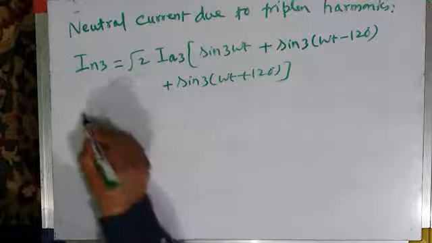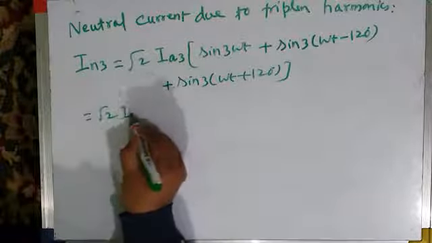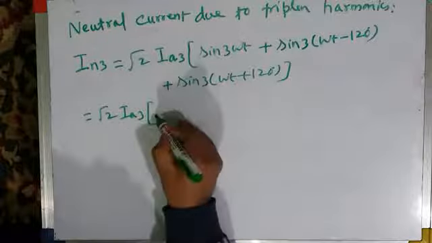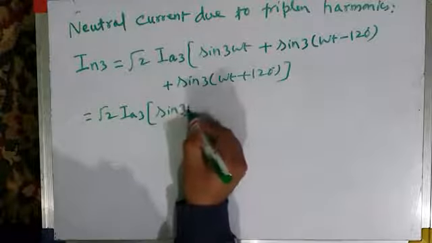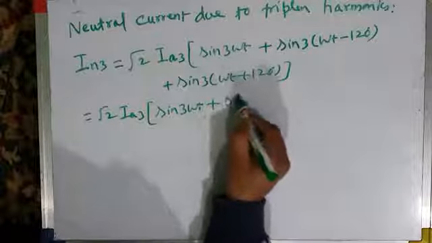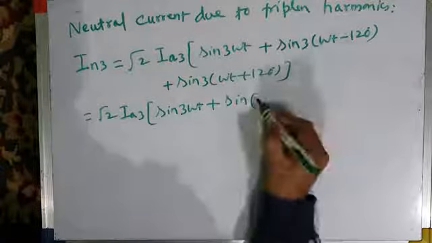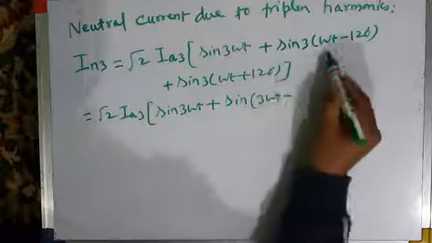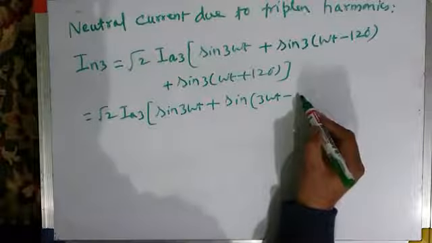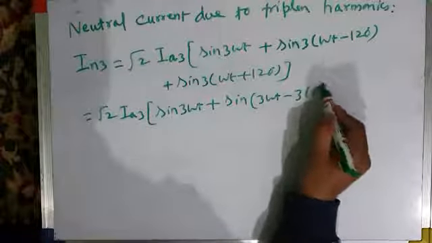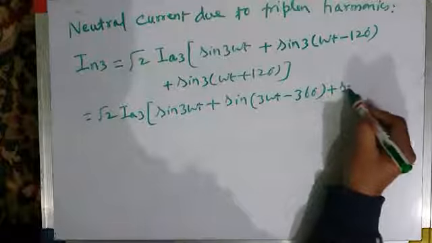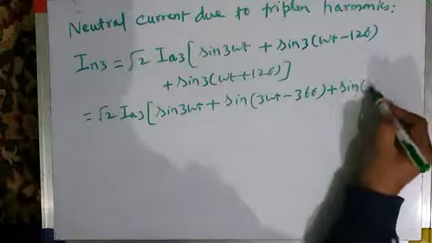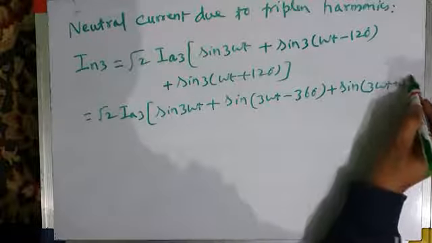So that is equal to root 2 I_A3 times sine 3 omega t plus sine, I will take this 3 inside, so 3 omega t minus 3 into 120, which is 360 degrees. Then similarly plus sine 3 omega t plus 360 degrees.